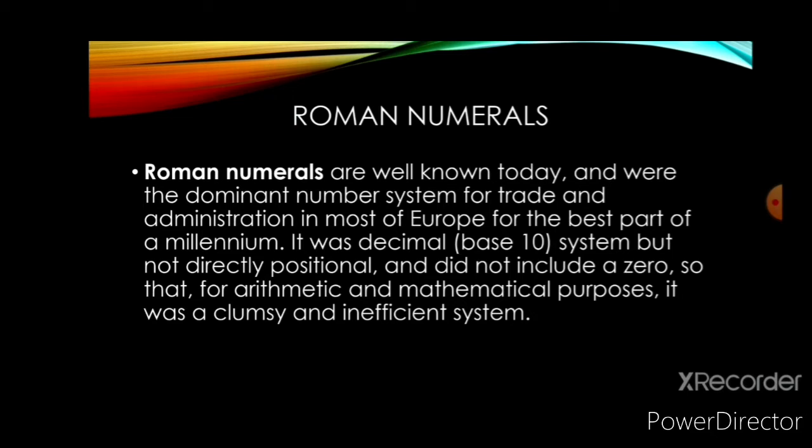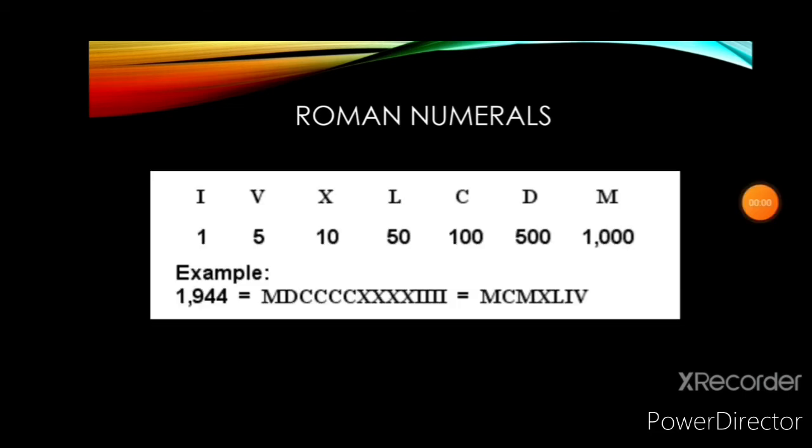It was decimal, that is, a base 10 system, but not directly positional and did not include a zero. That was its major flaw, so that for arithmetic and mathematical purposes, it was a clumsy and inefficient system.